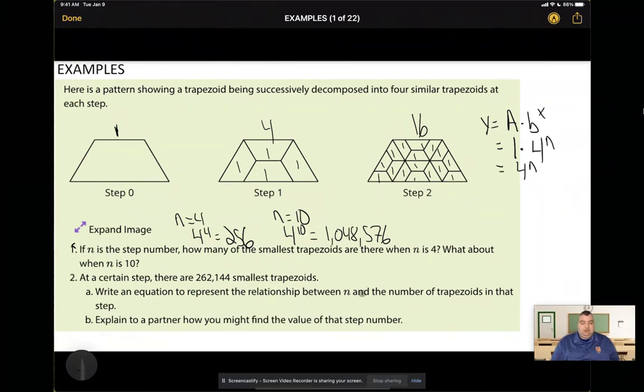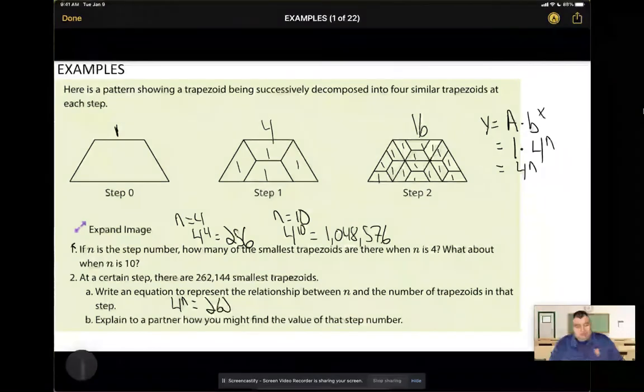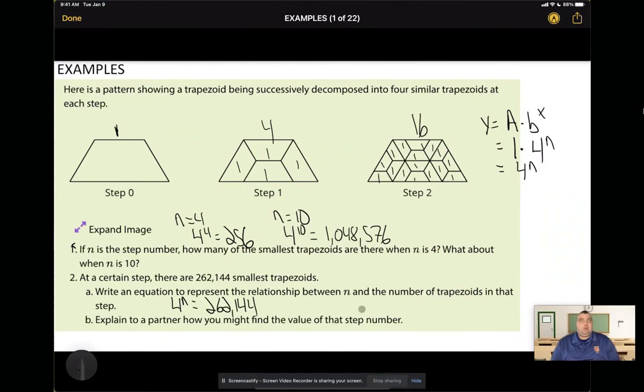In this case, we don't know the step number, so we don't know the n value, but we do know that the answer is going to be 262,144. So to write an equation, this right here is the equation: 4 to the power of n equals 262,144. So that's the equation. B, explain to a partner how you might find the value of that step number.